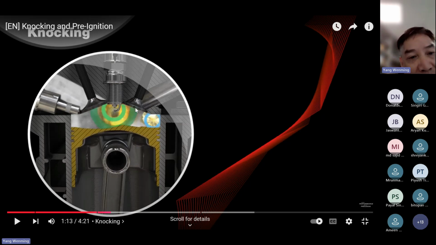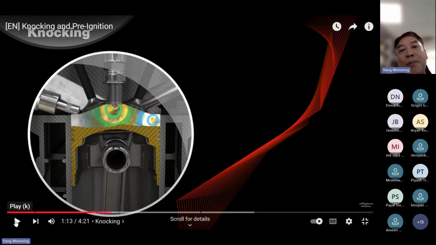Thereby the combustion process in this area will produce a pressure wave, and at the same time the auto ignition flame produced in this position also produces a pressure wave. When these two pressure waves impact each other, they produce a rapid increase of pressure, thereby producing knocking.